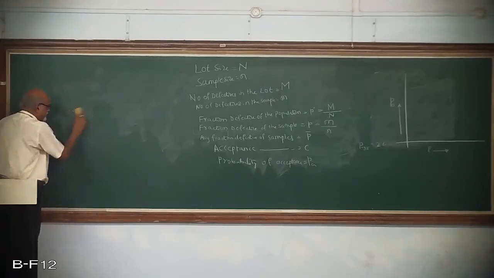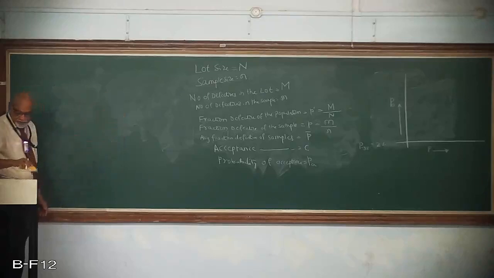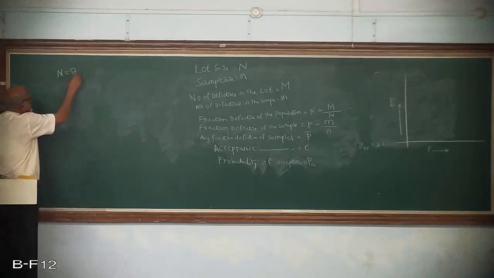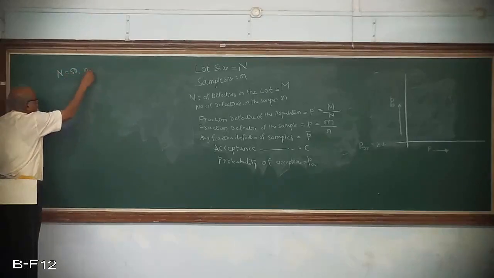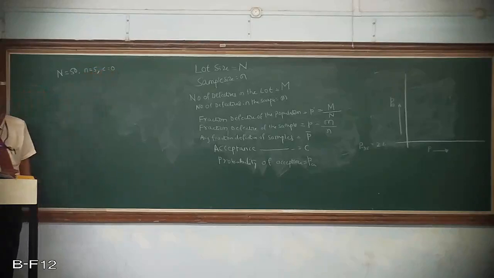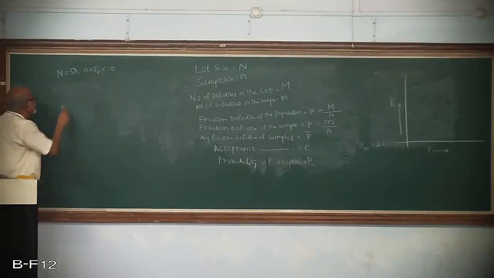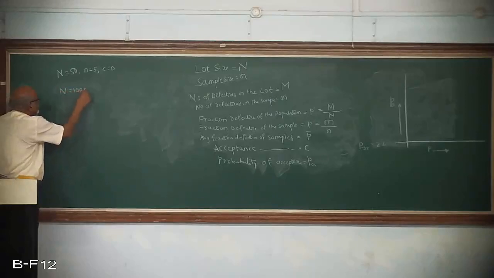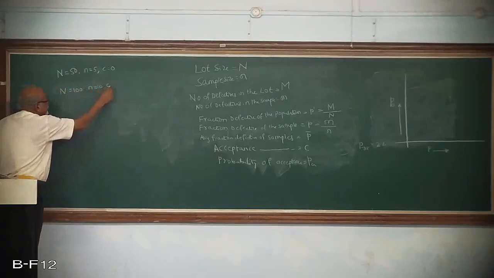Try to compare, so you can learn many things out of it. Capital N is 50, small n is 5, C is 0. This is one sampling plan. Another one, N is equal to 100, small n sample is 10, C is 0.